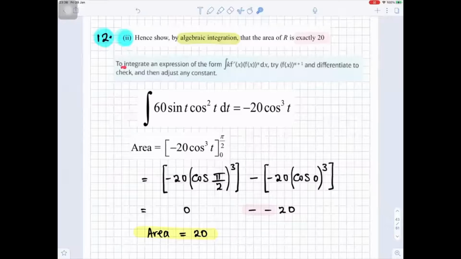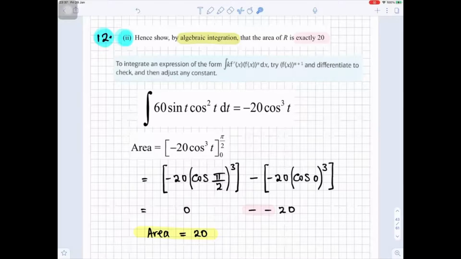So to integrate an expression of the form k f'(x) times f(x) to the power n, try f(x) to the n plus 1. Remember we have n there, we try with power n plus 1 and differentiate to check and then adjust any constant.